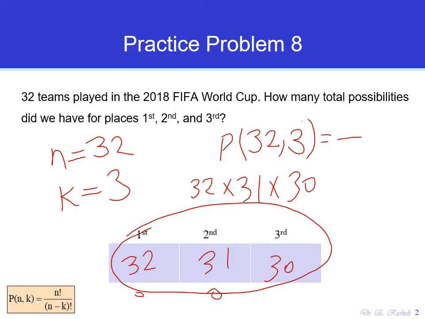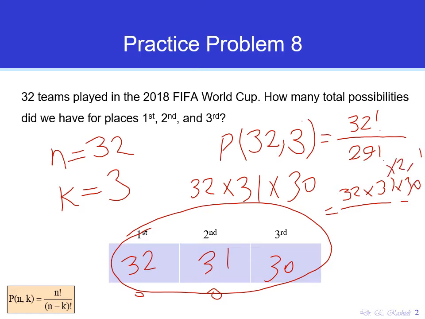That would be 32 factorial in the numerator and (32 minus 3) factorial, which is 29 factorial, in the denominator. To solve this, you need to expand the numerator. That would be 32 multiplied by 31 multiplied by 30 multiplied by 29 factorial.